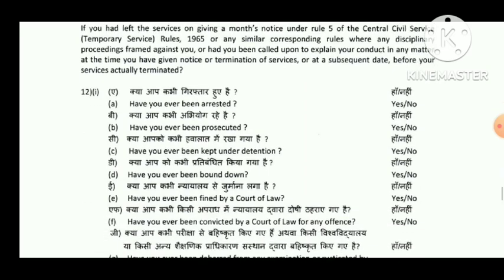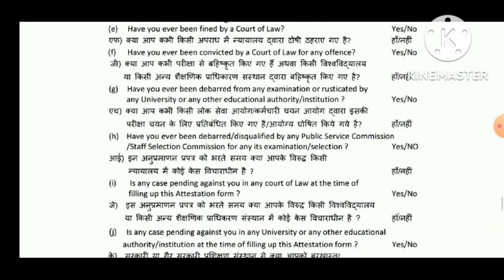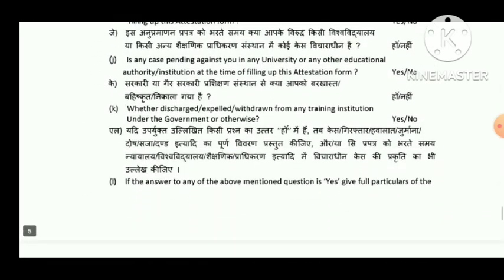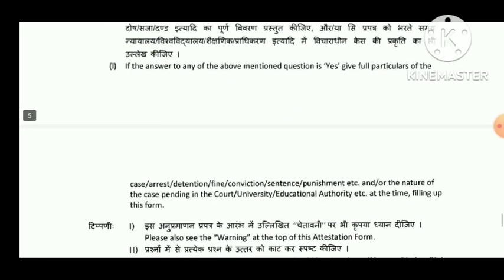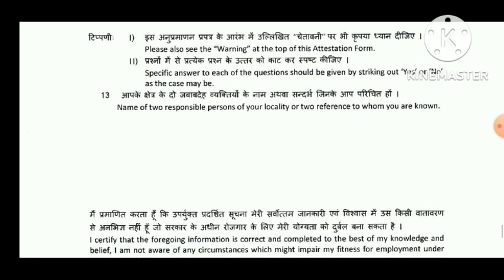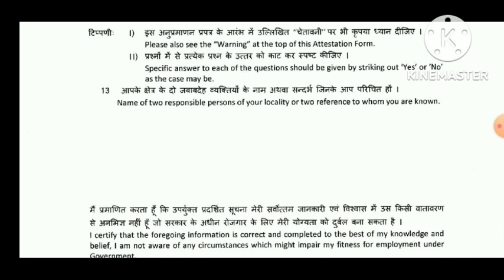You have to read that and answer yes or no. Mostly the answer will be no. Later, in point 13, which is most important, you have to name two responsible persons of your locality, or two references to whom you are known.